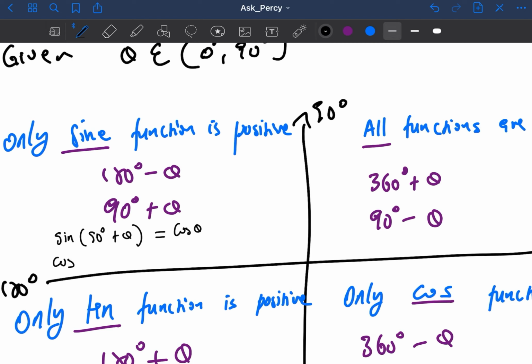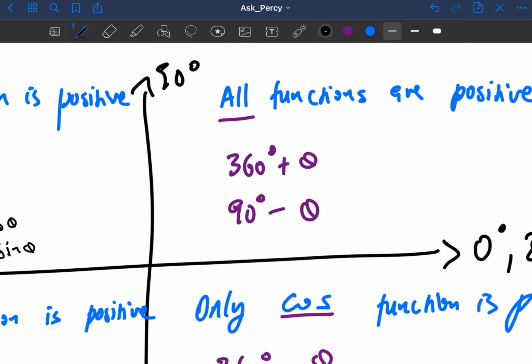When you look at cos of 90 degrees plus theta, ask yourself the same question. Where is 90 degrees plus theta? It is in the second quadrant, and there only sine is positive. So in this case you're going to have negative sine theta.